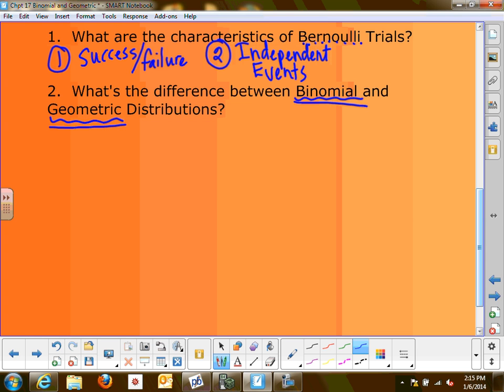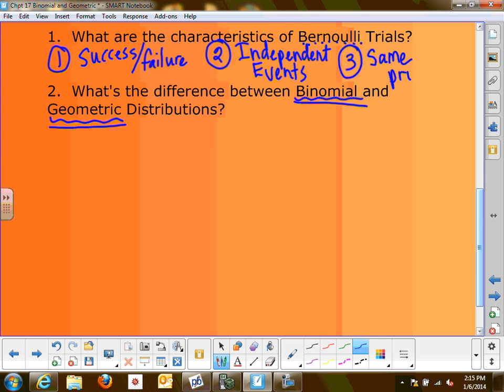And that won't change you getting stopped at the red light Wednesday. So one event happening does not change the probability of the next event occurring. That's independent.